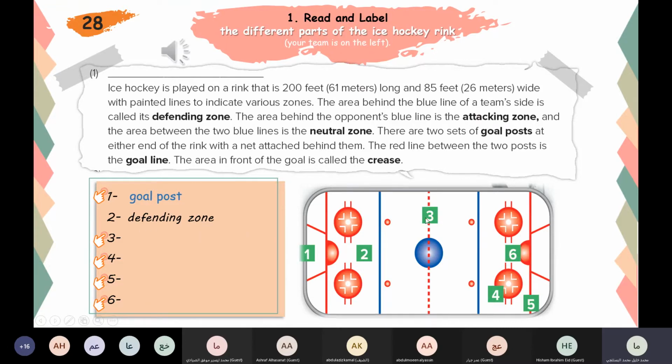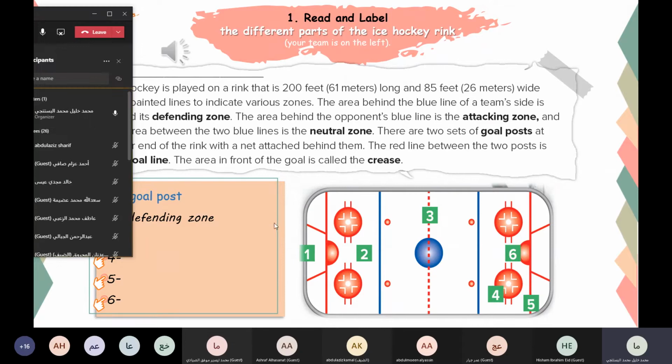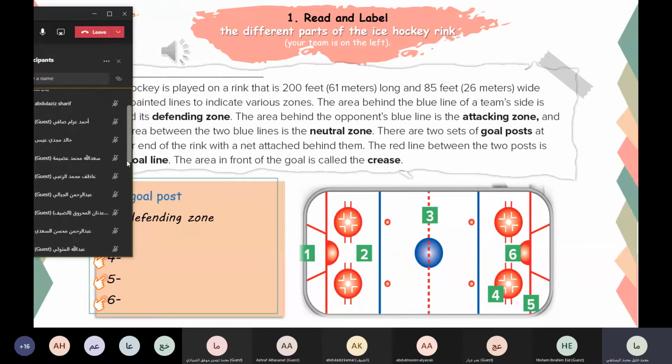Now, what do you think number 3 is? Look here, the area between the two blue lines. What do we call it? Sharif, are you here, Sharif?